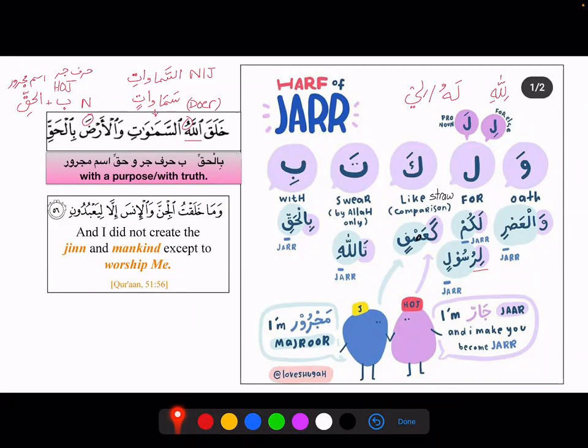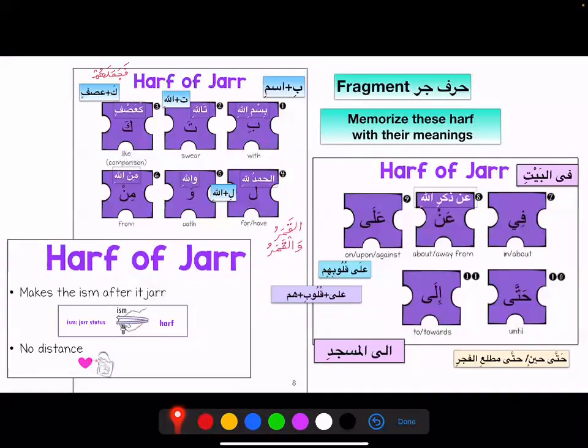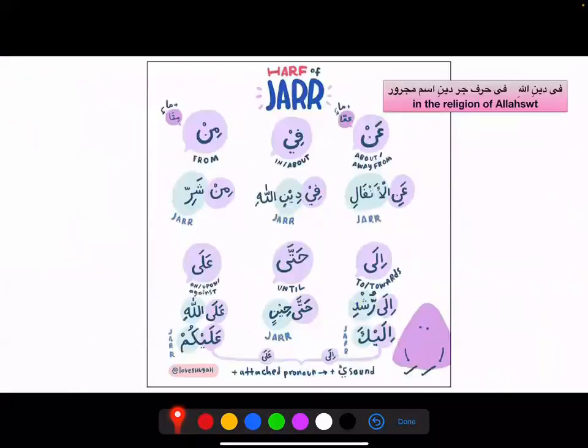Then we have, so these are some of the Harf-Jar, and then we have an. Another example is anil anfal. So they are asking about anfal. What is anfal? Anfal is war booty.